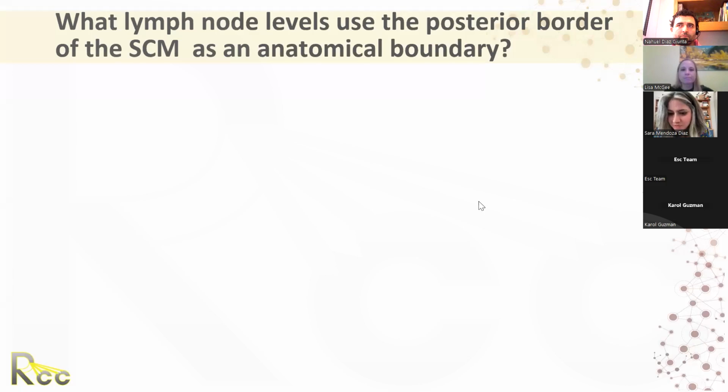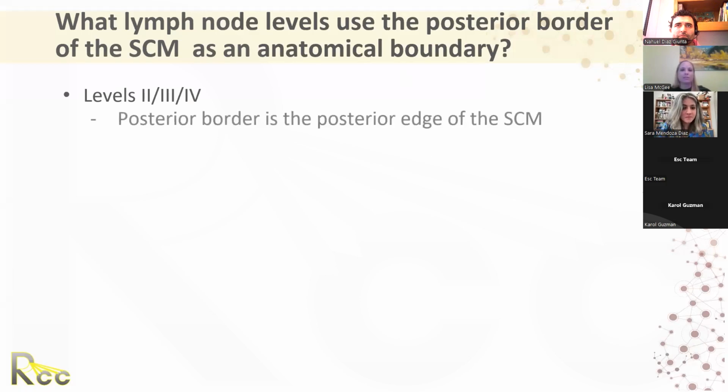Some people write level 2, level 2, 3. Exactly. And so as we're thinking about levels 2, 3, and 4, the posterior border for all of those levels is the posterior border of the sternocleidomastoid. And then the anterior border of level 5 is the posterior aspect of the sternocleidomastoid.